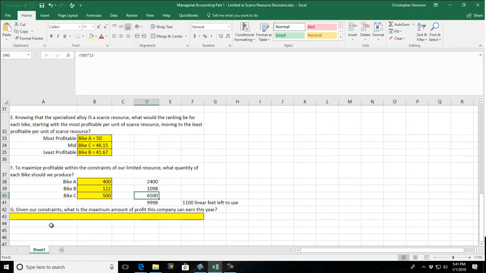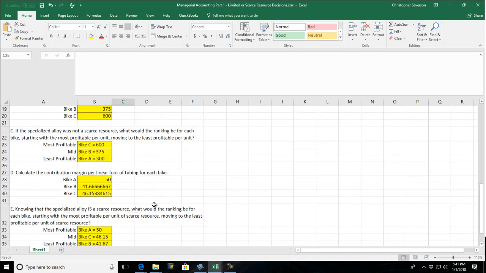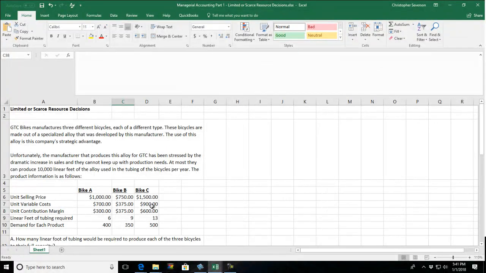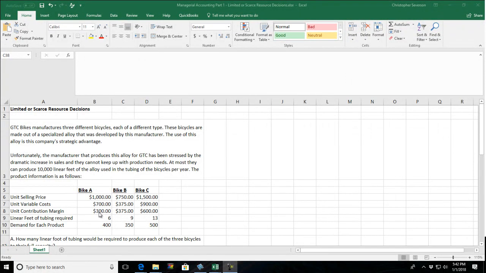Now take a look at G. Given our constraints, what is the maximum amount of profit this company can earn this year? So I'm going to take this data off now, and we're going to take a look at the contribution margin for each bike. So we have 300, 375, and 600.